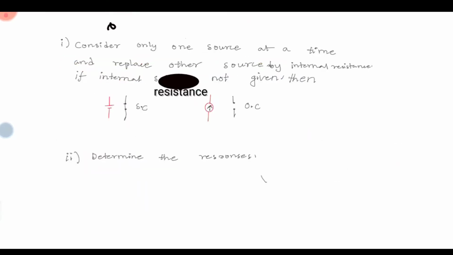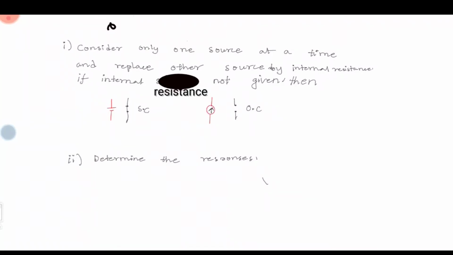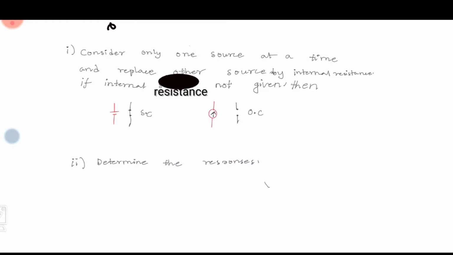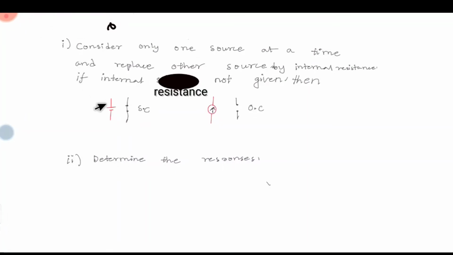Simply, it means we have to consider only one source at a time in a circuit, okay? And all other sources will be replaced by their internal resistance. And if internal resistance is not given, then voltage source will be converted into short circuit and current source will be converted into open circuit.